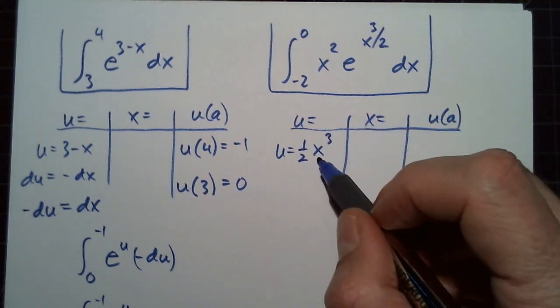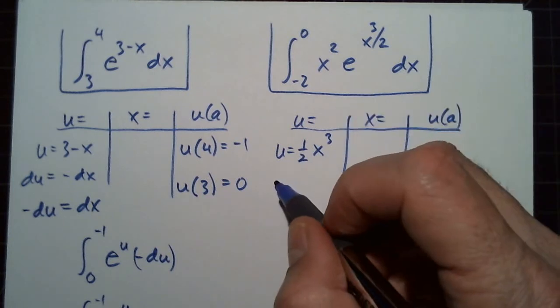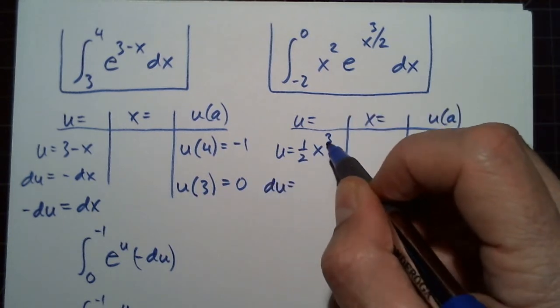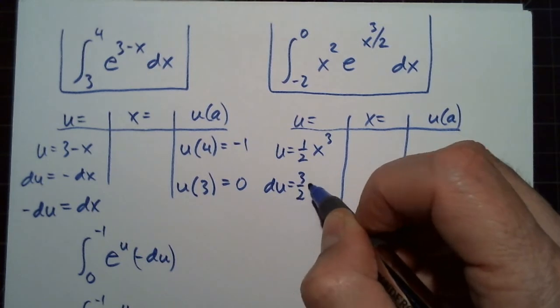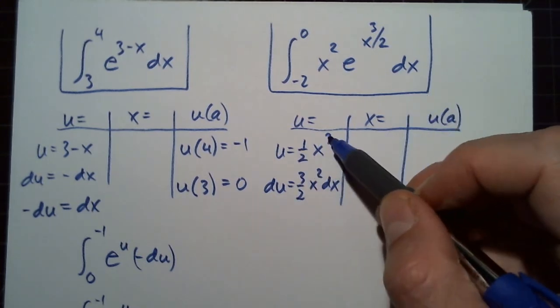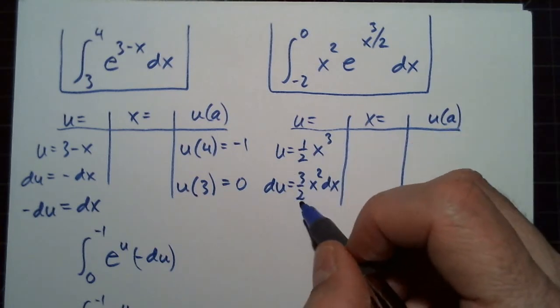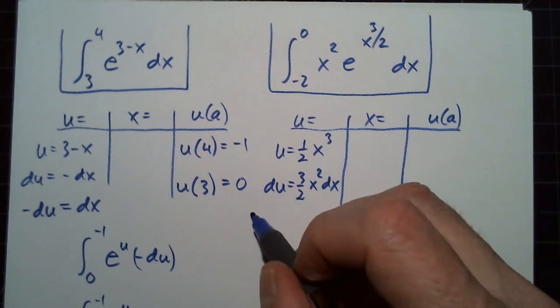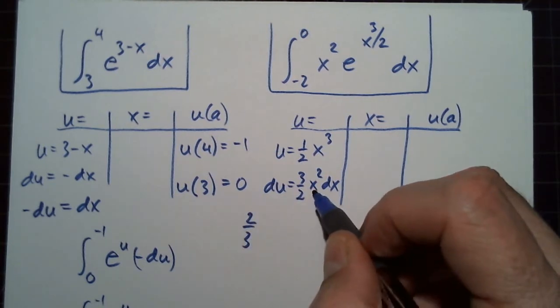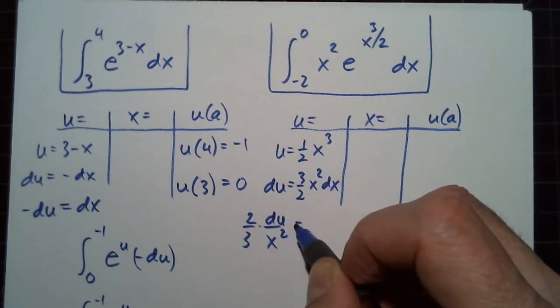We can write it with a 2 in the denominator like that, or a 1/2 in front. Du is 3/2 x squared dx. Let's isolate dx. I'm going to multiply by the reciprocal of 3/2, so that'll be 2/3, and we'll divide by x squared. Du over x squared.